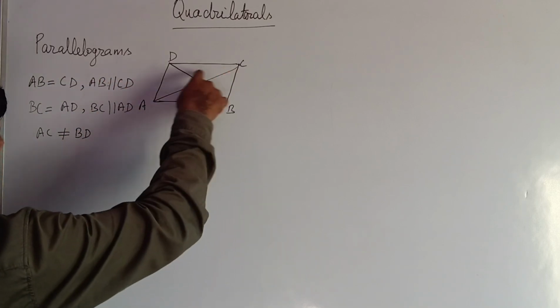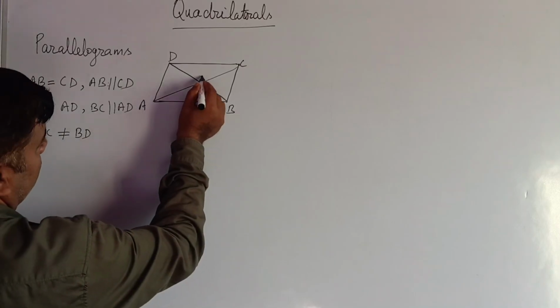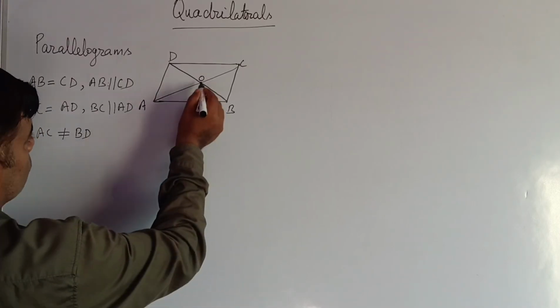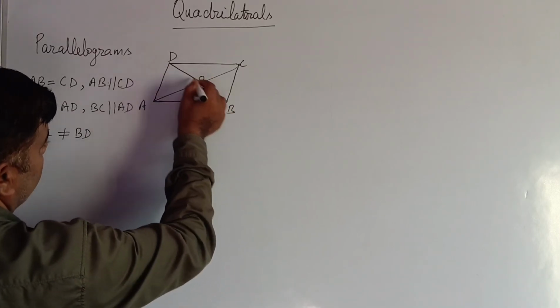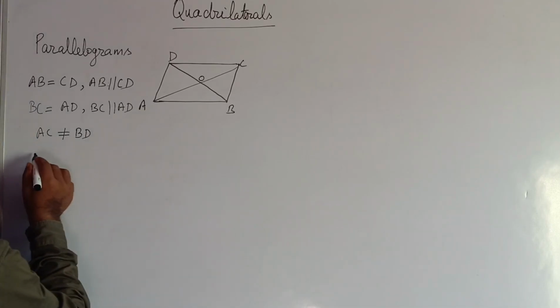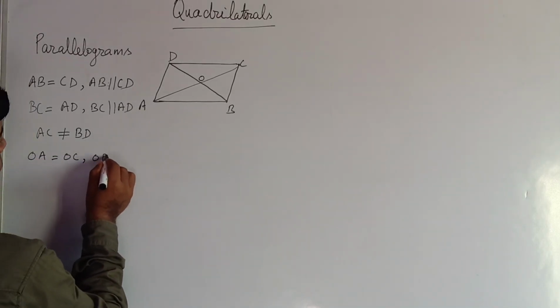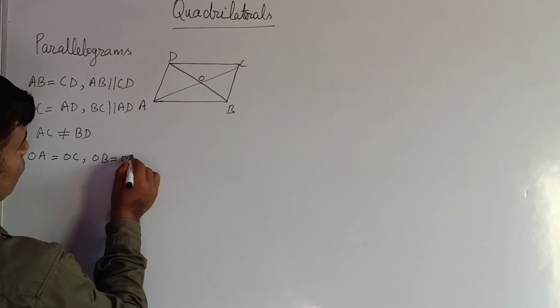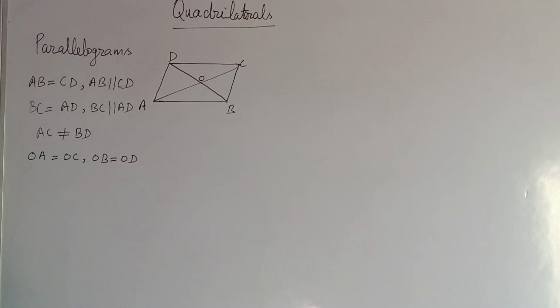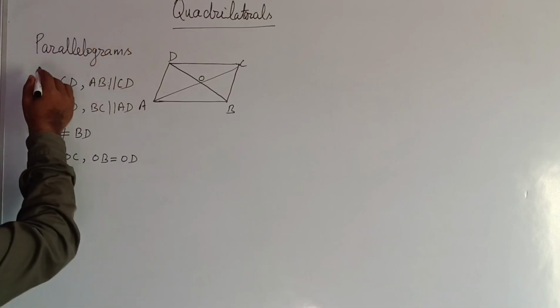Here they bisect each other at the point O, the intersection point of the diagonals. So OA is equal to OC and OB is equal to OD. These are the conditions for a quadrilateral to be a parallelogram.